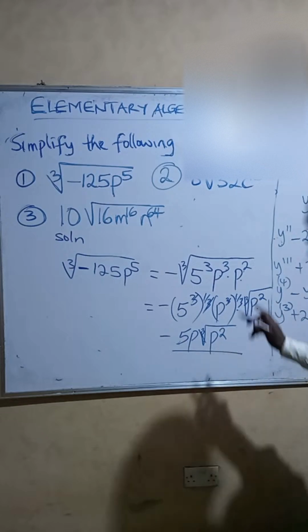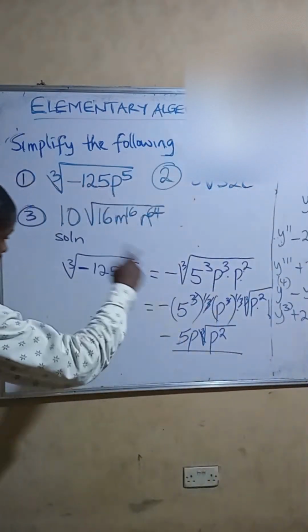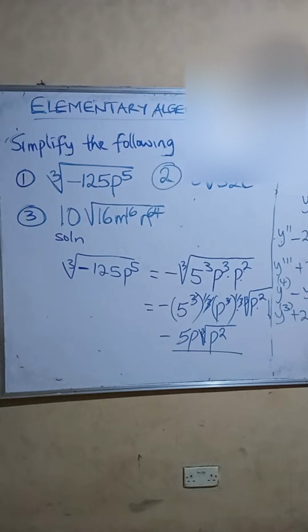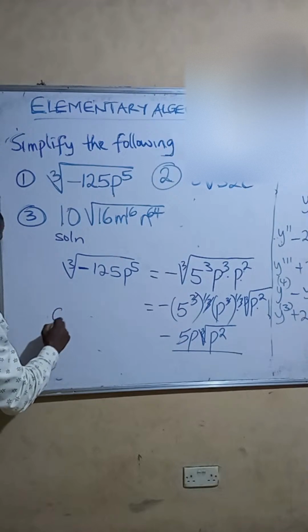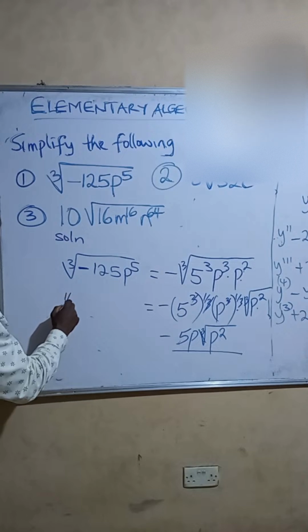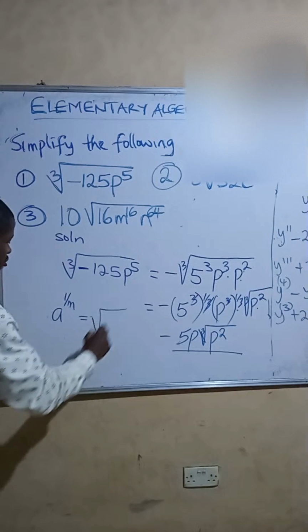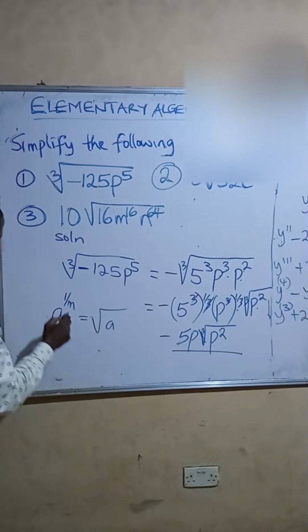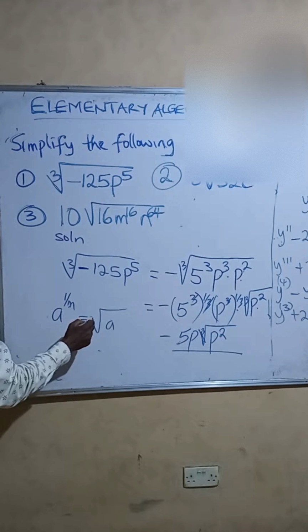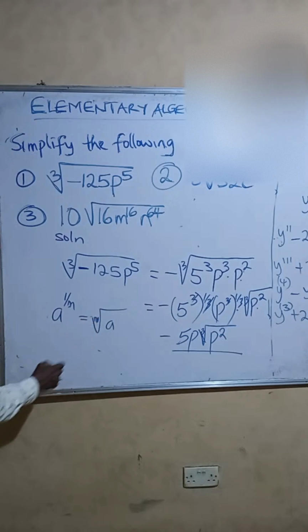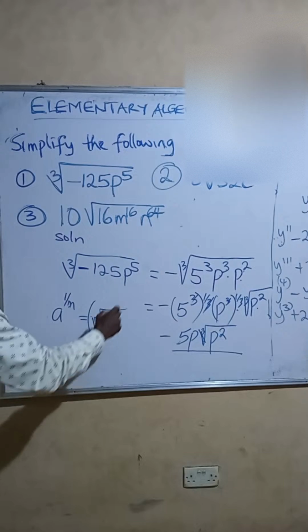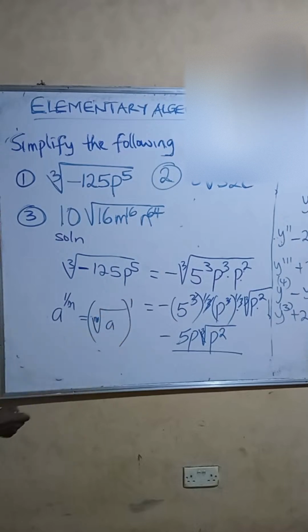Let me chip in one thing, the rule that applies here. Don't forget, in one of the rules for indices, if you have a to the power 1 over m, it's going to be equal to what? The m-th root of a. The denominator m goes inside the root sign, and then to power 1, and anything to power 1 is that number.